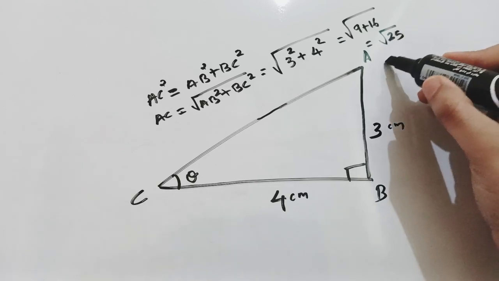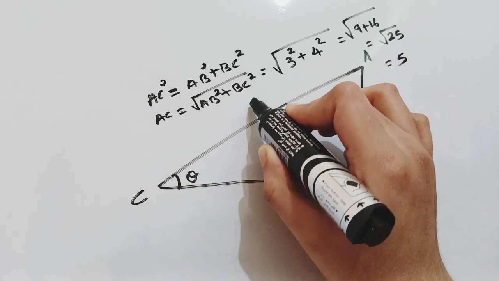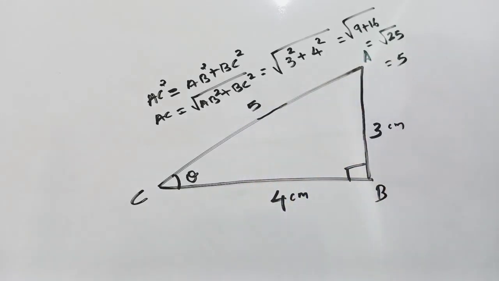That is AC equal to 5. We get hypotenuse equal to 5 centimeters.